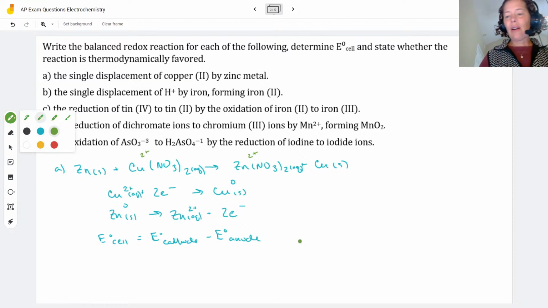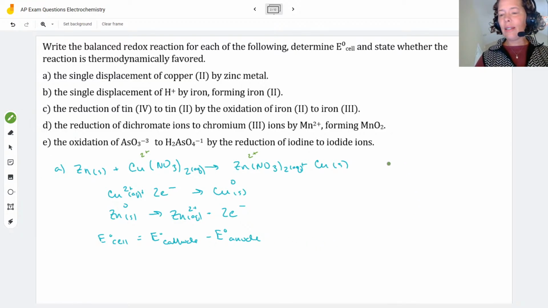There is a very popular way to remember that, and that is red cat and an ox. Or sometimes you'll see it as an ox, red cat. What this means is you've got reduction at the cathode, so that is your red cat.